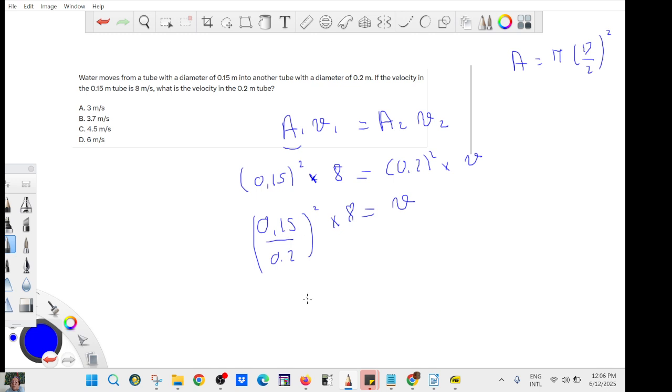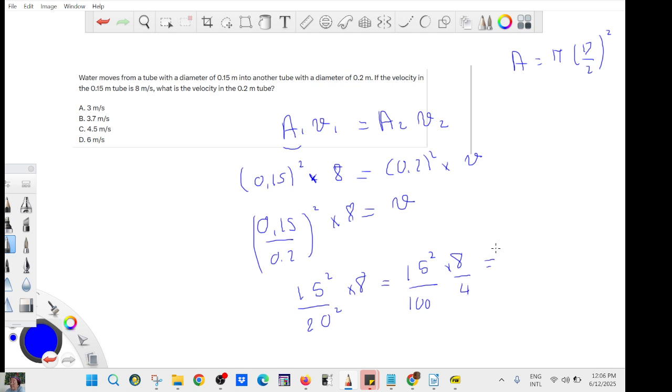So you can multiply by 100 here. So it's going to be 15 squared over 20 squared times 8. You can simplify your 2 and 2. 2 times 2 is 4. So it's going to be 15 squared times 8 over 100 divided by 4.